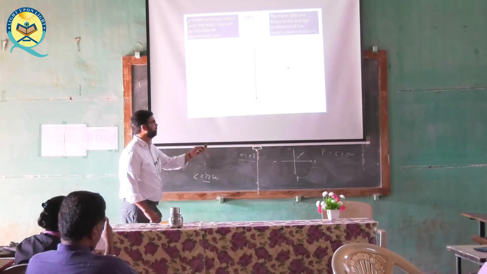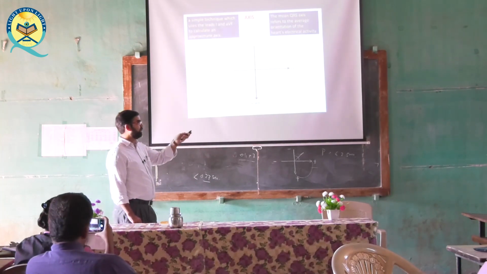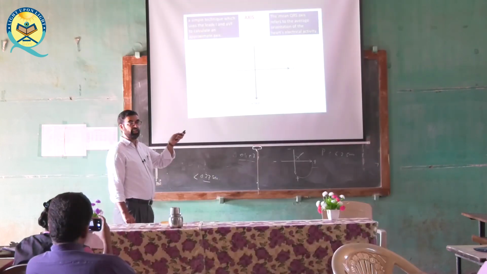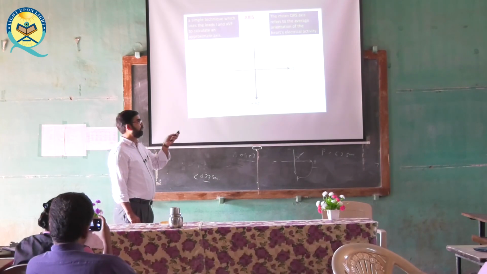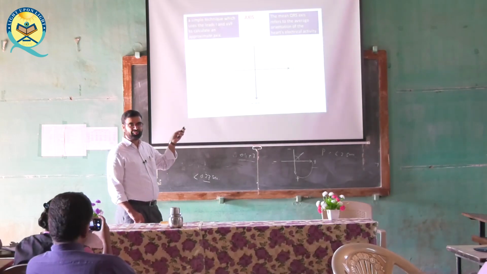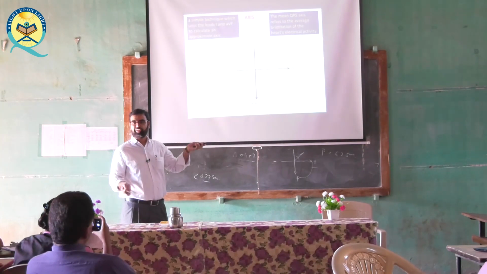Here it is mentioned, see, this is normal. If the axis comes between upper right, then it is left axis deviation. If it is upper left, then it is severe left axis deviation.